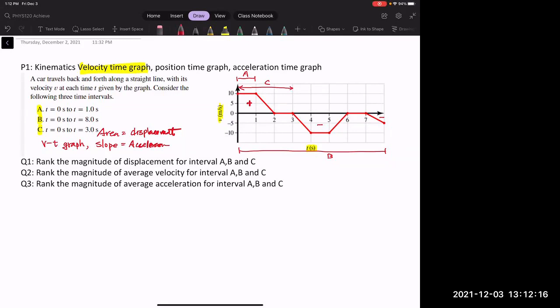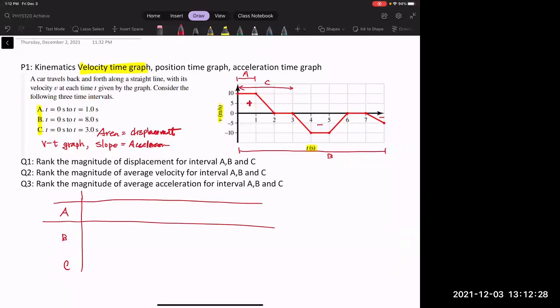For the interval A, let's look at the area of A. The area of A is this part over here, from 0 to 1 second. This is the area that we're trying to find, which represents the displacement.